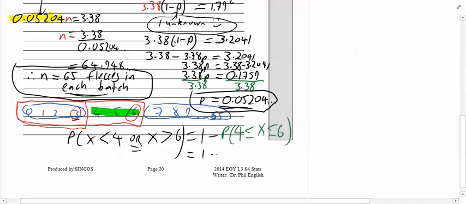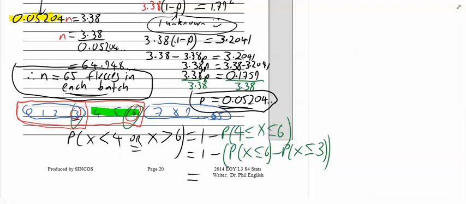So that's going to be 1 minus, in brackets, the probability that x is less than or equal to 6 minus the probability that x is less than or equal to 3. So I'm going to work that out and subtract it from 1. So you can do it from here.